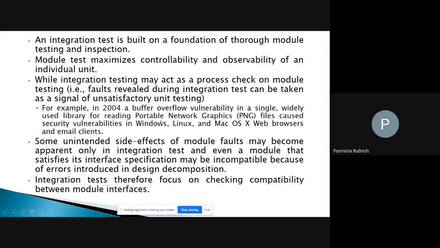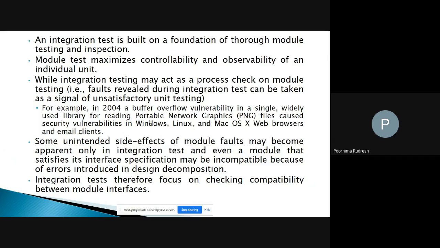Then the problem arises in the Windows, Linux, and Mac operating system web browsers, and also in the email clients. Once the fault is detected, we'll say that the system is not working according to the given expectations.